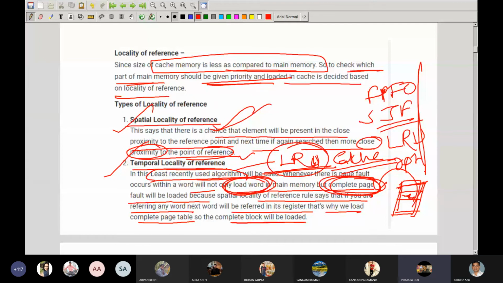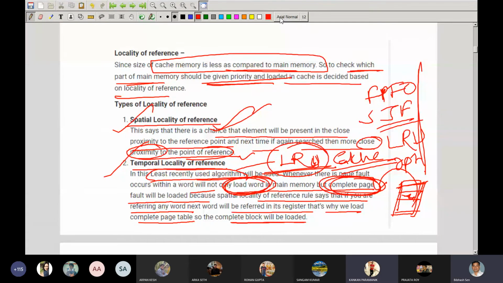Because of the spatial locality of reference rule, sir. What does it state? What does it mean?